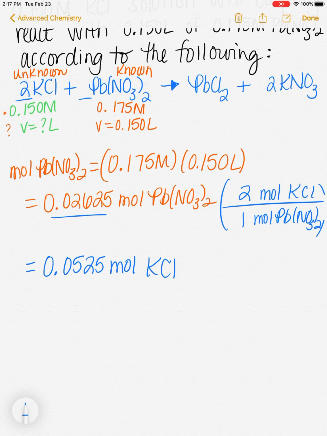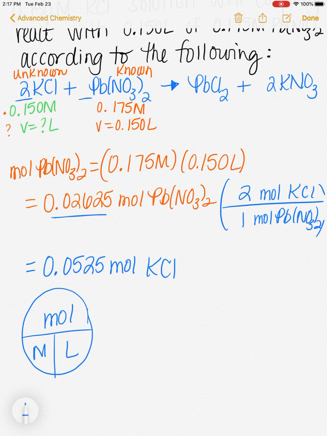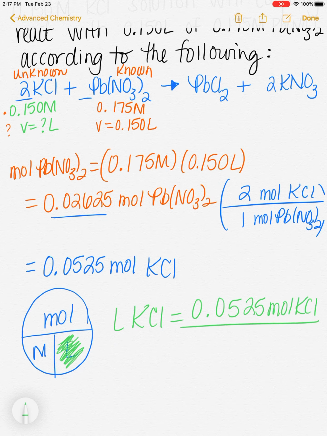So if we think back to our pie chart of molarity, molarity is moles per liter. So if I want to know liters, I'm going to cover up liters in the pie chart. When I cover up liters, the pie chart says I should take moles over molarity. So the liters of KCl should be equal to my moles of KCl, which is what I just found, 0.0525 moles of KCl, divided by my molarity, which they gave us at the beginning of the problem.